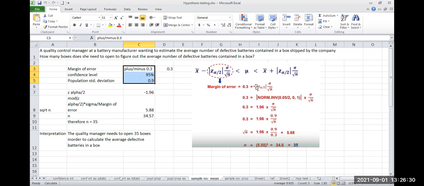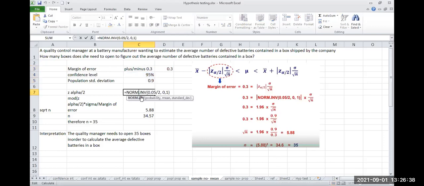For calculating this portion, we first need to calculate Z alpha by 2. This formula you all know: NORM.S.INV of 0.05 by 2. Whenever you use a 95% confidence level, you always have to remember Z alpha by 2. When you calculate using this formula, it will come to minus 1.96.